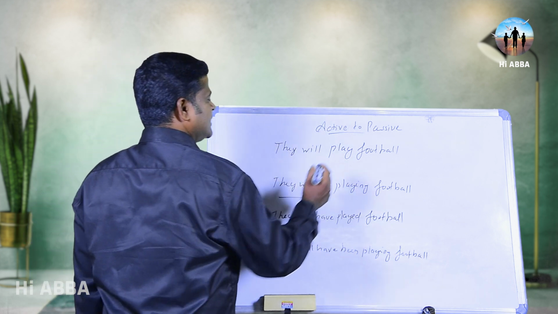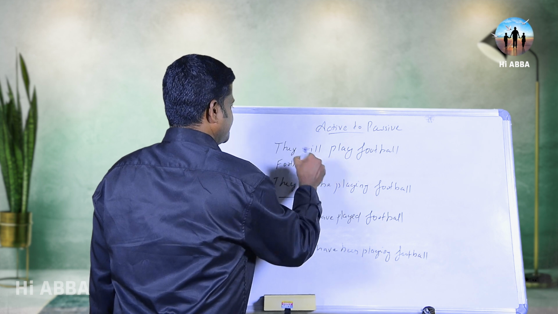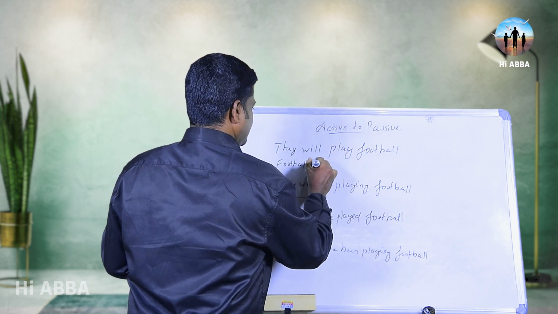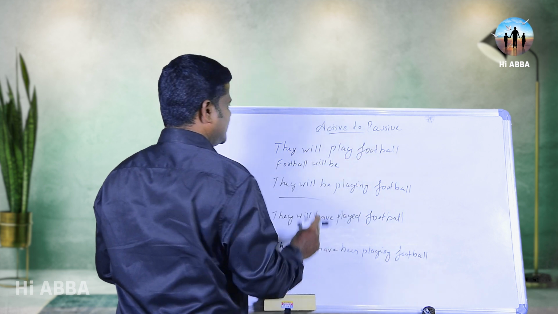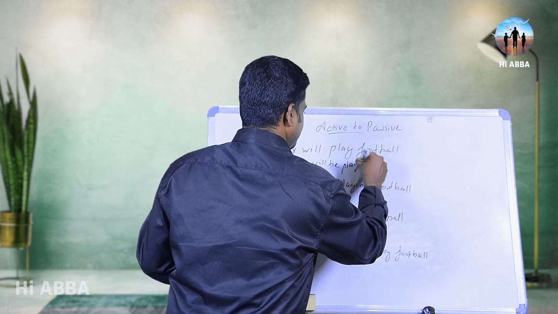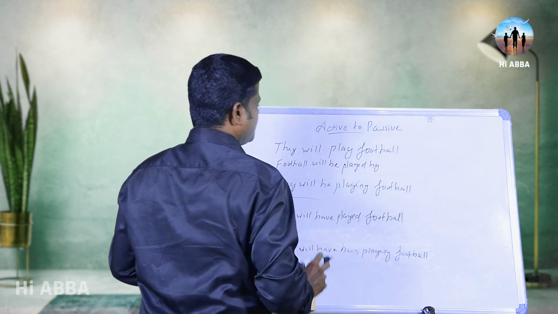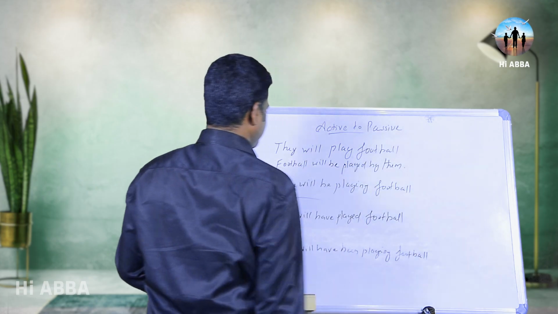Then we'll proceed. Football, that will become subject. Then will, you know the formula, be should be added. Then V3 of the verb played, preceded by the object. That object, they, will become them. That is pretty simple.